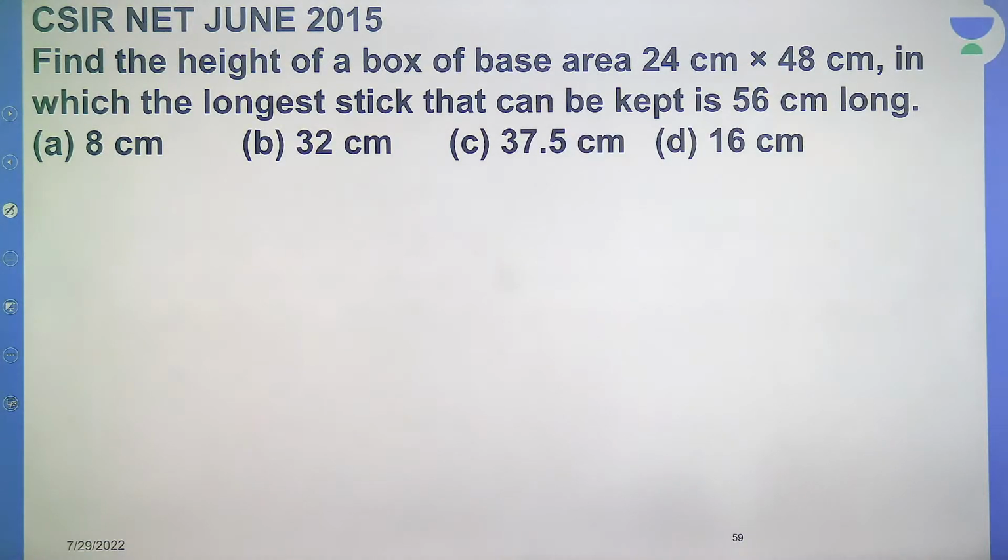Here also you have to think about the spatial coordinates.